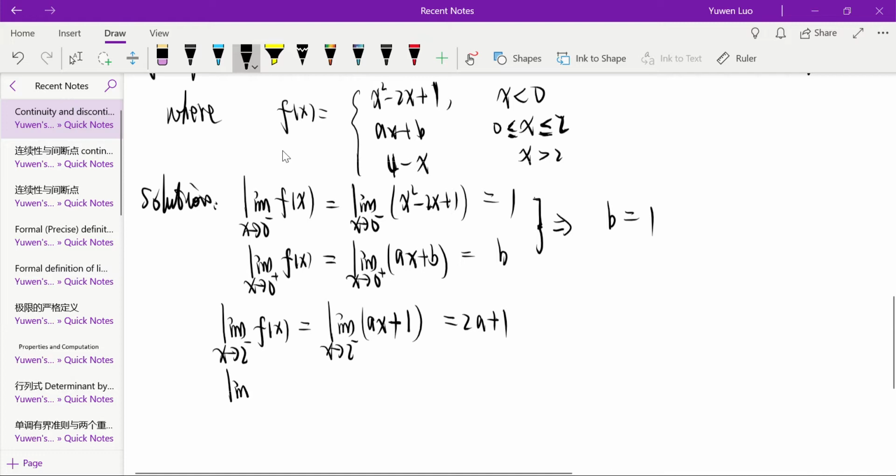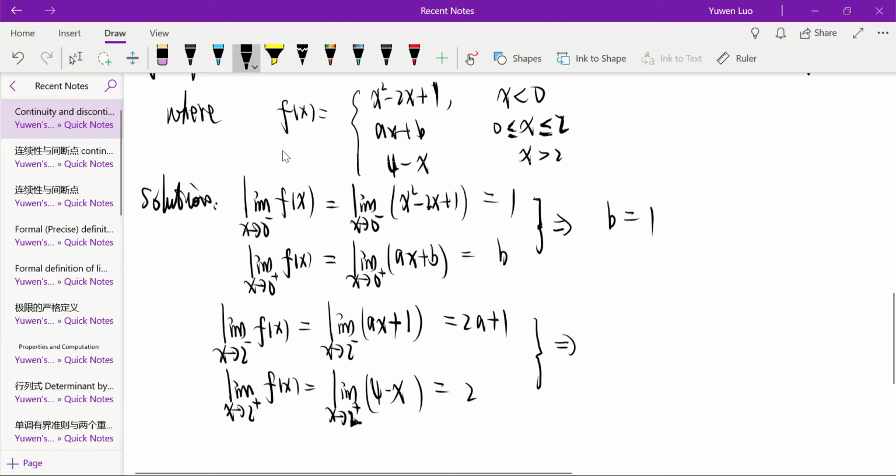And the right limit at x equals 2: to the right of x equals 2, the expression for f(x) is 4 minus x, so that is 2.